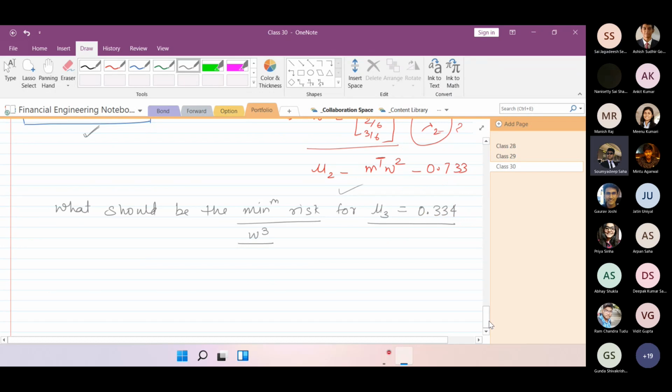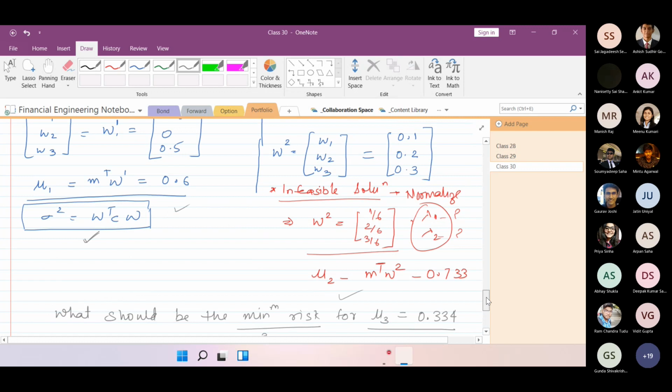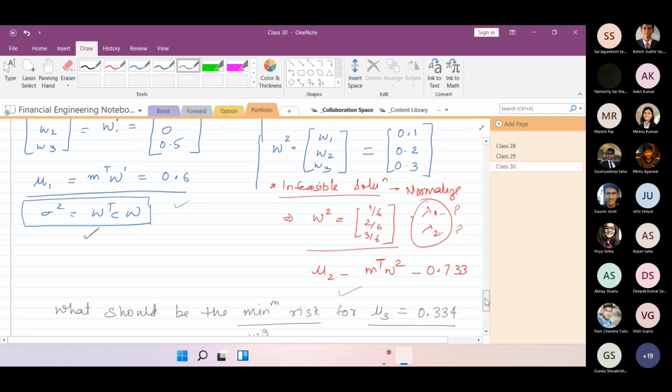So first we need to find out the value of alpha. It means that mu3 is an affine combination of mu1 and mu2. So mu3 would become alpha times mu1, and the value of mu1 we have got from the first solution is 0.6, I guess, correct?